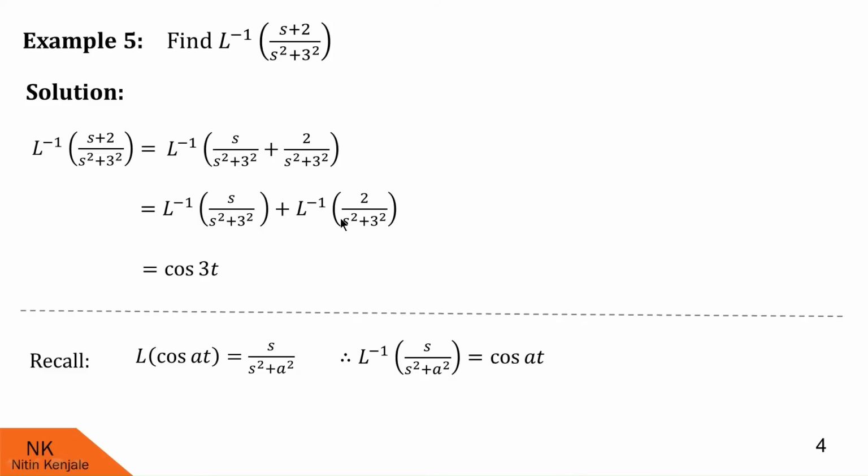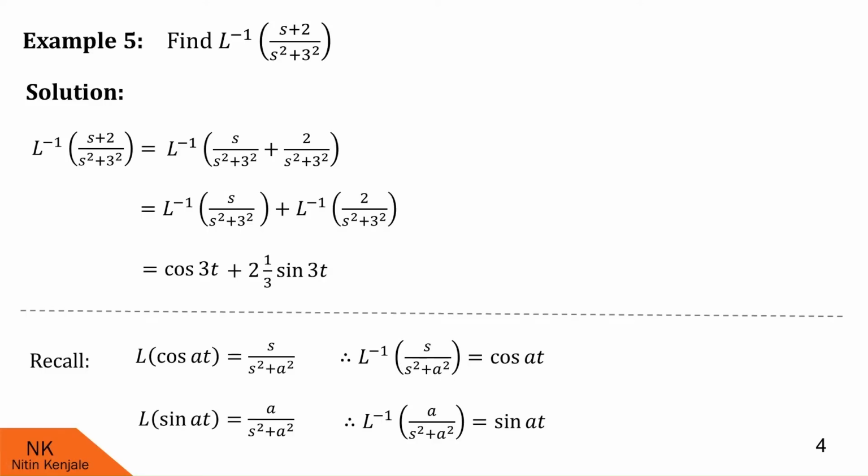That 1 by 3 is a constant, so you can take it out. So outside we will have 2 by 3 and inside you will have L inverse of 3 upon s square plus 3 square, which is nothing but sine 3t. So L inverse of 2 upon s square plus 3 square is 2 by 3 sine 3t.